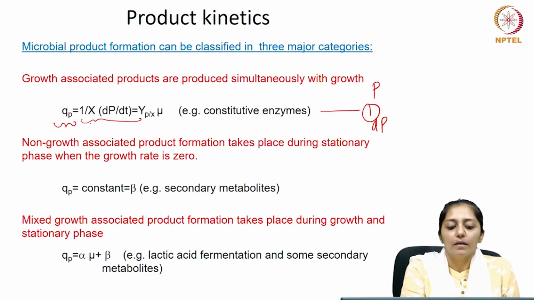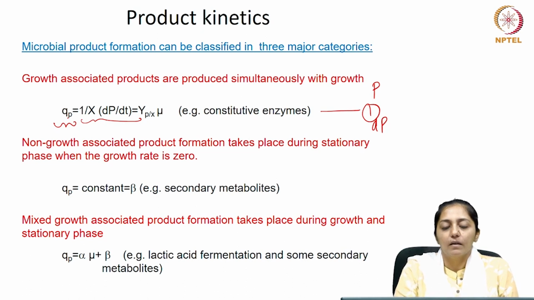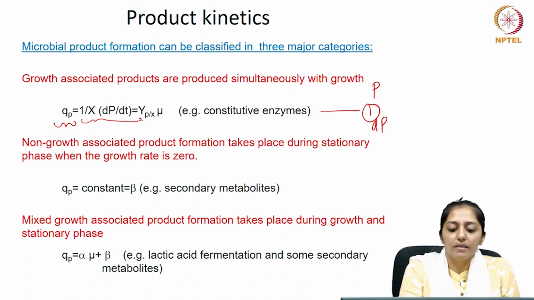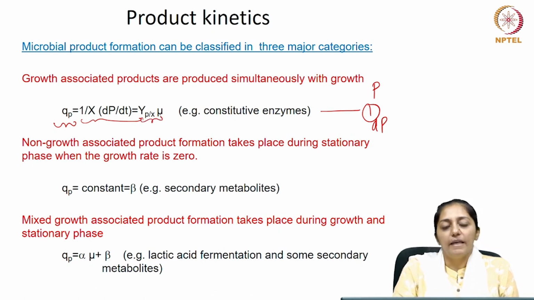Now, in other terms this can be written as the yield coefficient multiplied by the specific growth rate.